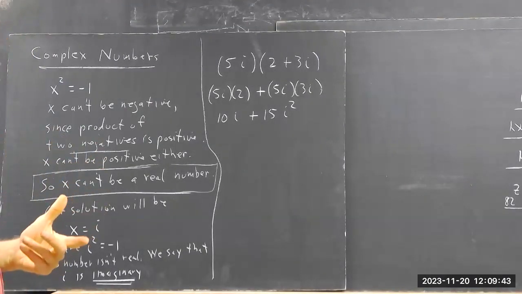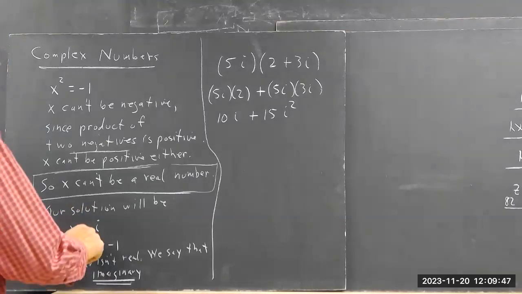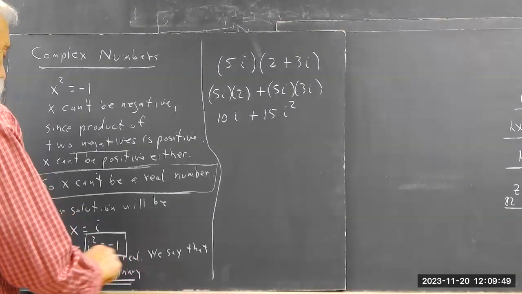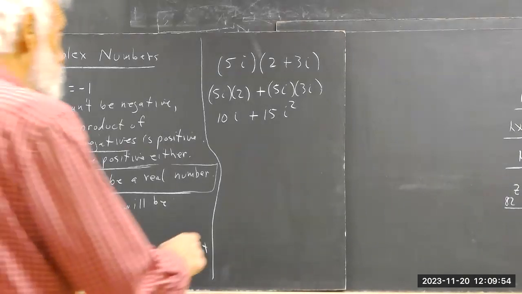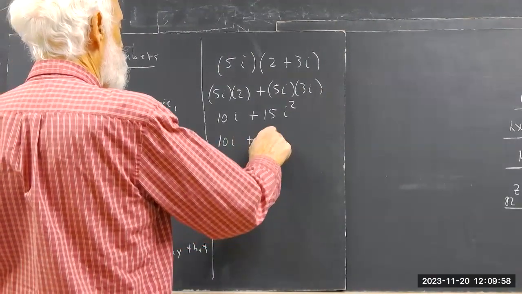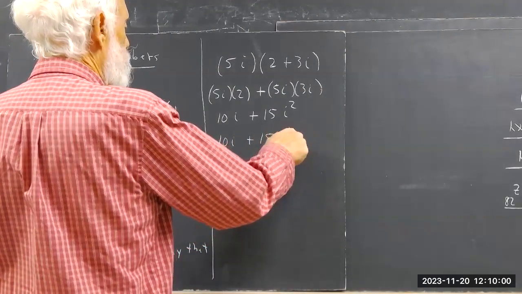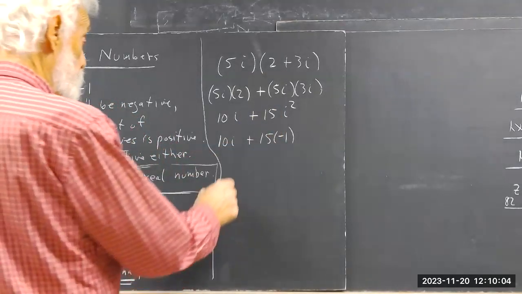Now, what's I squared? The defining characteristic of I is that I squared equals -1. Okay. Well, that's 10i plus 15 times -1. Every time you have a square of I, you've got a -1.